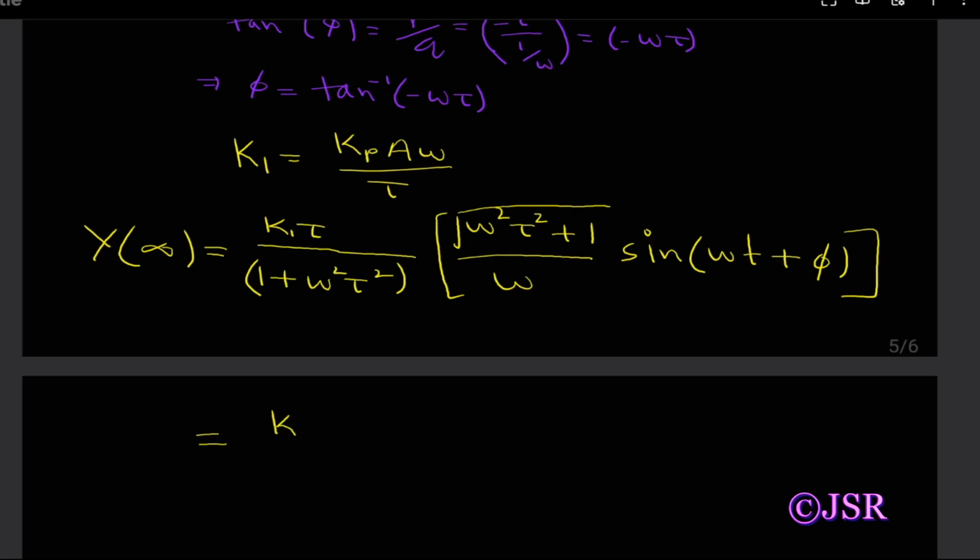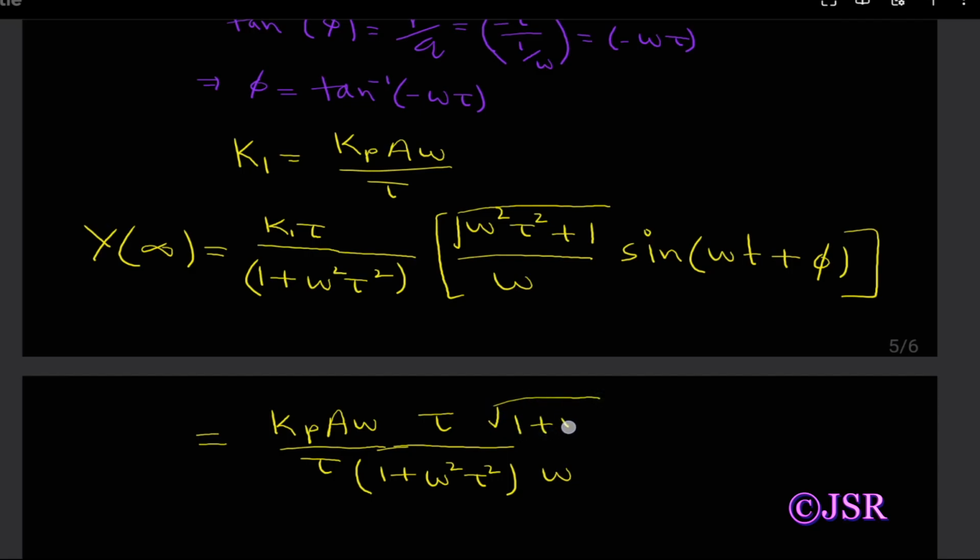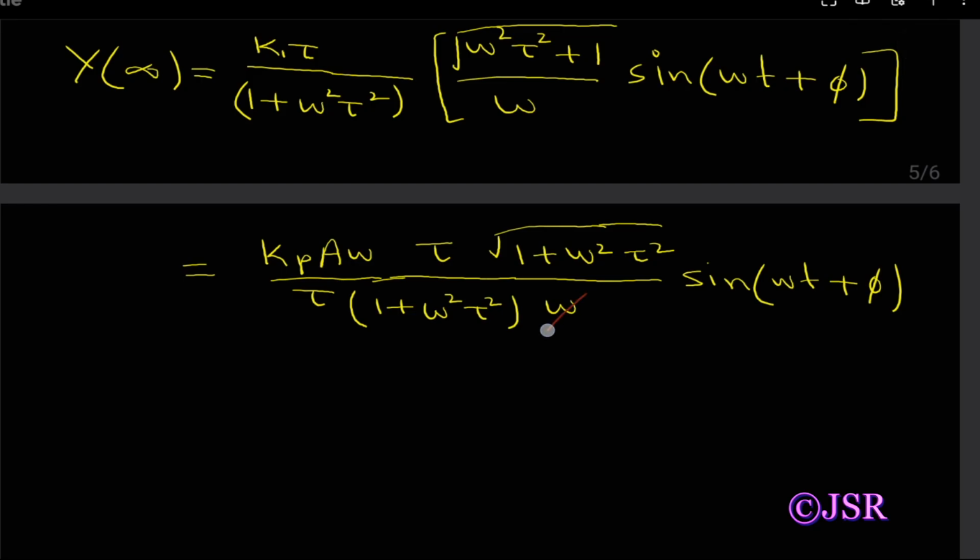So further simplifying, putting the value of k1, that is Kp A omega upon tau, and here we have 1 plus omega square tau square under root 1 plus omega square tau square, sine omega t plus phi.